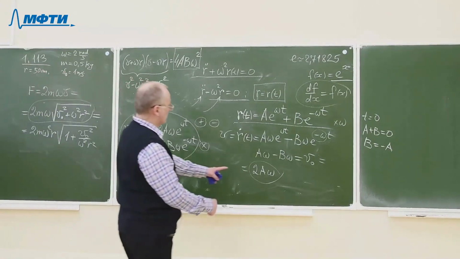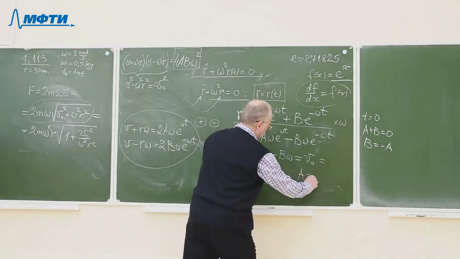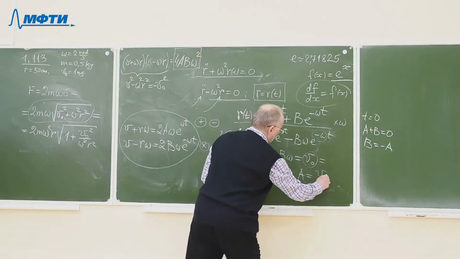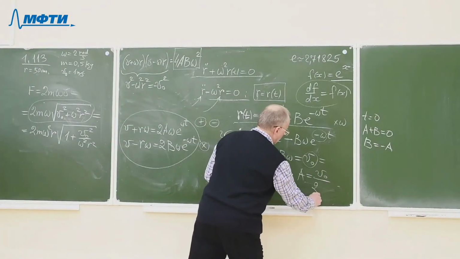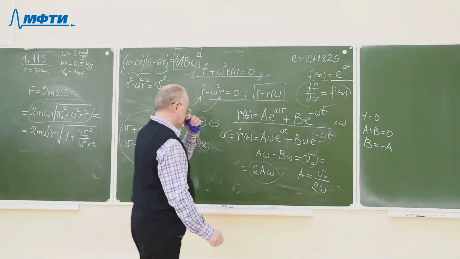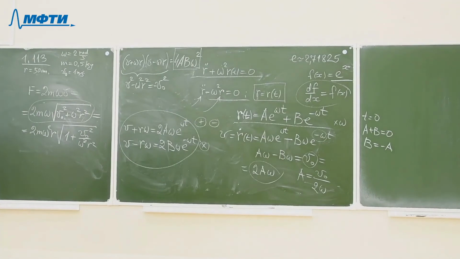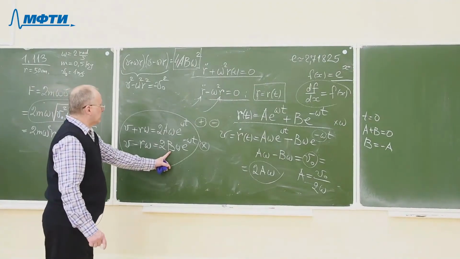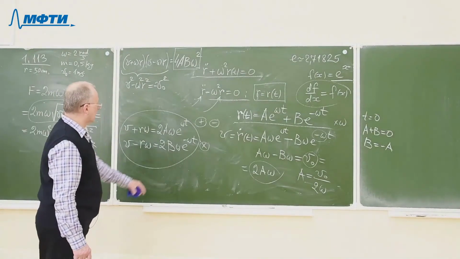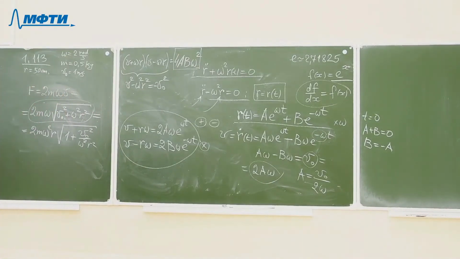So from here, I will not be in a hurry. From here, a equals v0 divided by 2 omega. And here, b equals minus a. Well, what's the reason behind it?